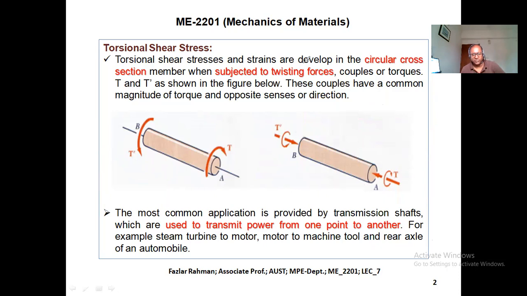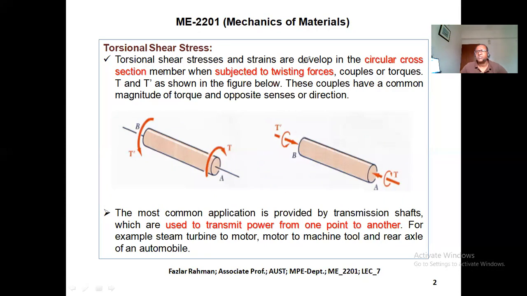Just remember two things: if you apply opposite torque at the parts of a round shaft, internally it will feel shear force and try to break the shaft into two parts. So when you design a shaft to transmit torque from one point to another, you need to make sure it is not breaking.